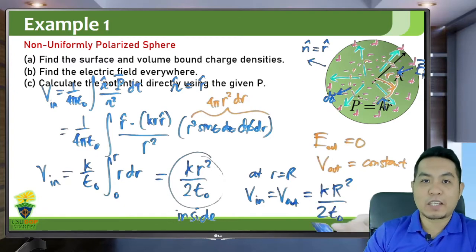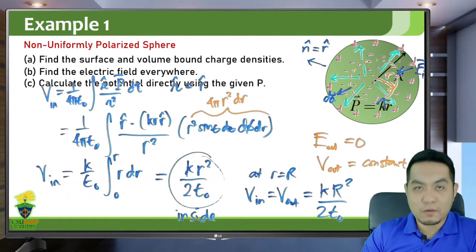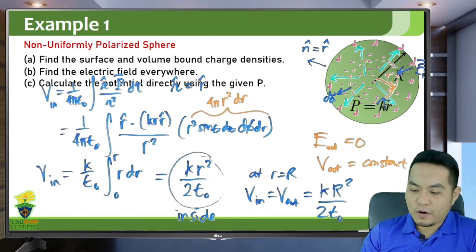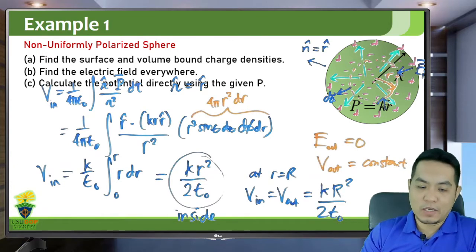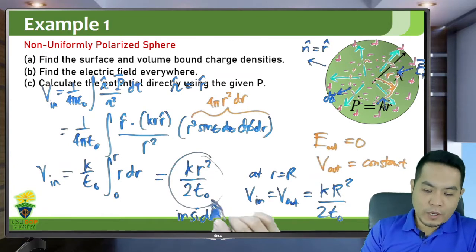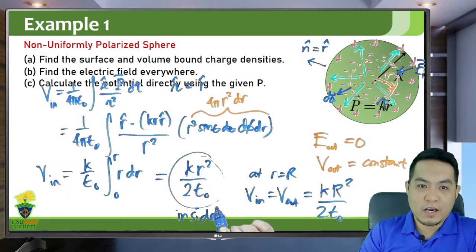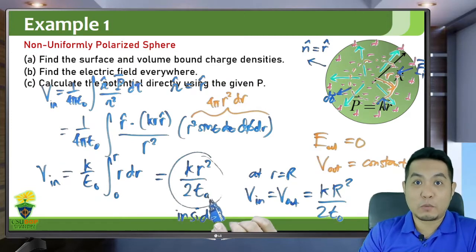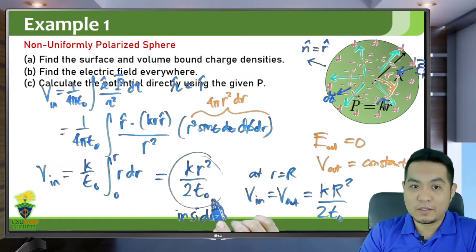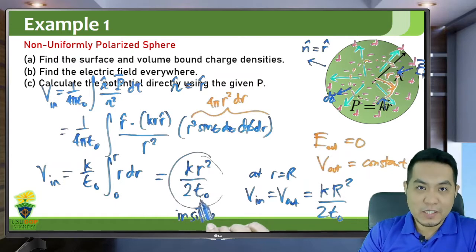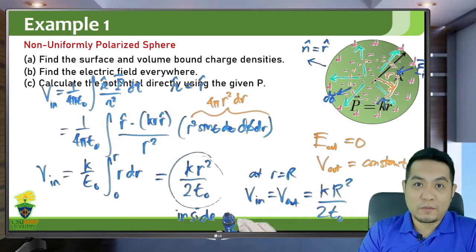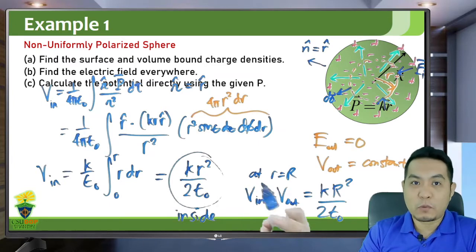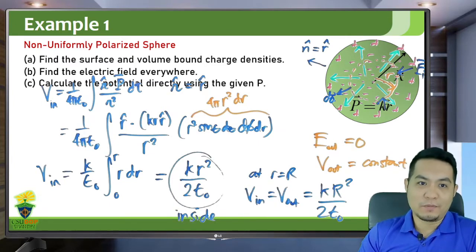Essentially, this is the potential outside. It's constant, no matter how far the field point is from the sphere. You can also verify, by the way, the electric field that we calculated earlier. You can take the negative gradient of this, and you will obtain the electric field inside, the one that we obtained earlier.